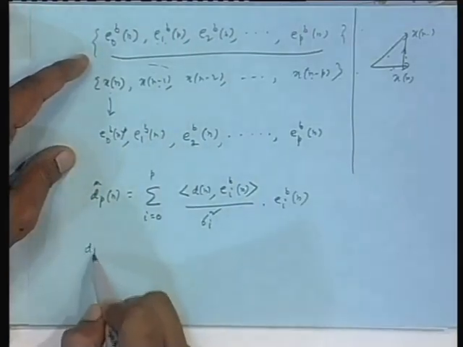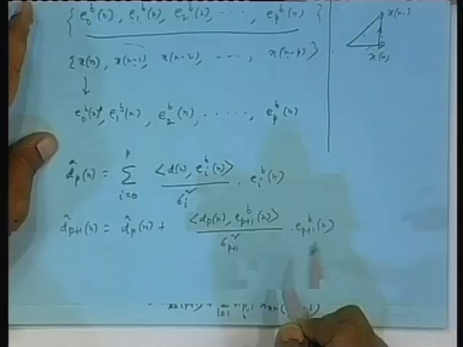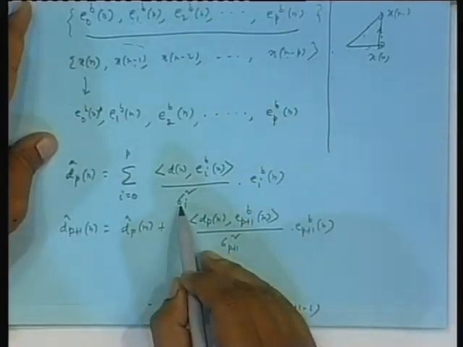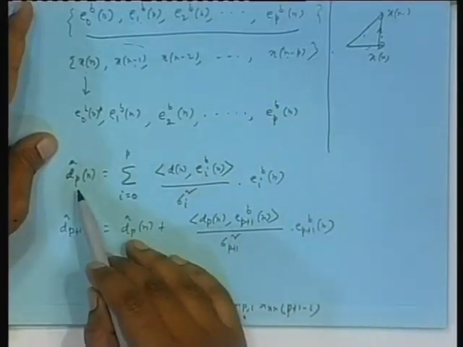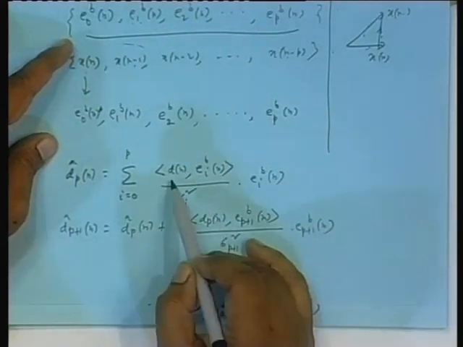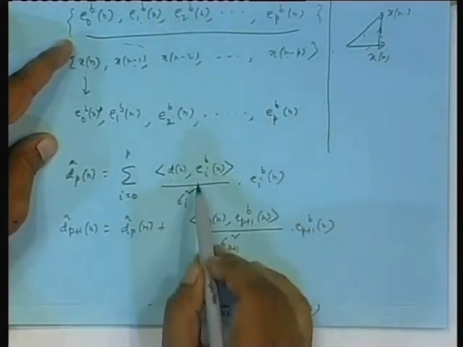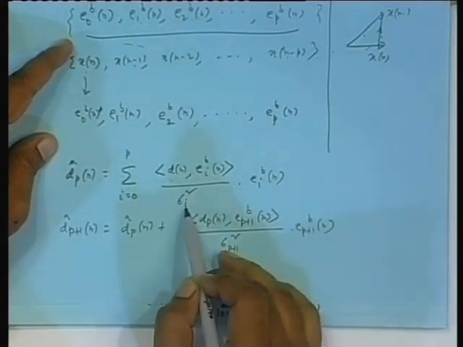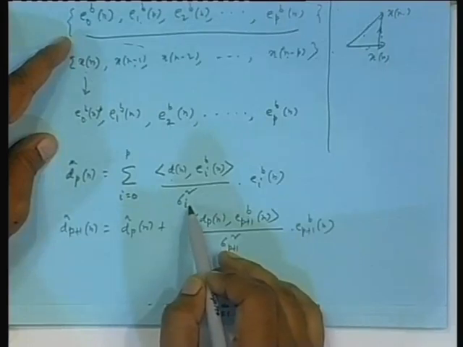And recursively, dp plus 1. So, here dn was orthogonally projected on the space spanned by this, meaning you have to take the individual projections and add. That is what this is: dn with any ith backward projection error ei bn, inner product, divided by the norm square variance, into this.